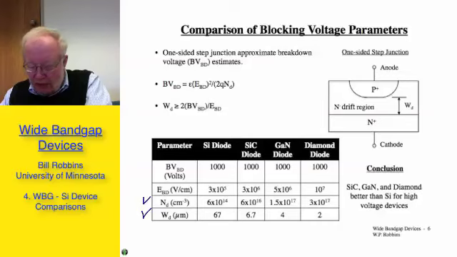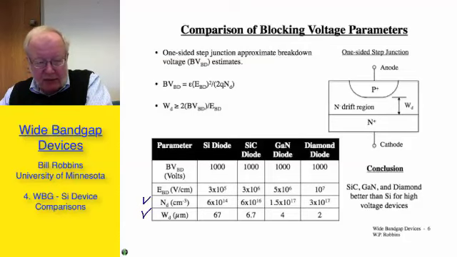As we go to the wider bandgap materials, the drift region length gets smaller and smaller, particularly if you notice diamond. The drift region length is only about 2 microns compared to 67 for silicon. In diamond, we have the doping density up in the 10 to the 17th range compared to 10 to the 14th for the silicon.